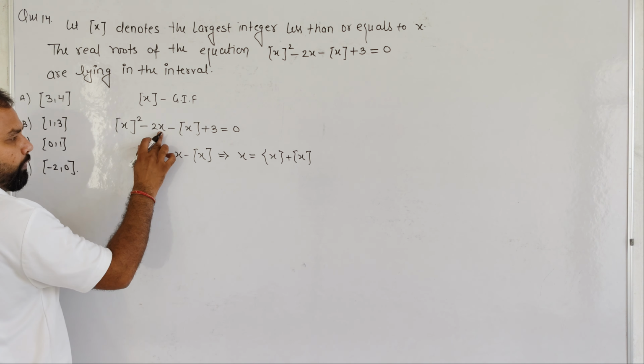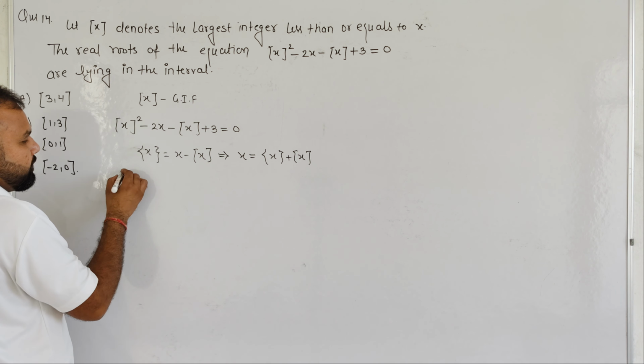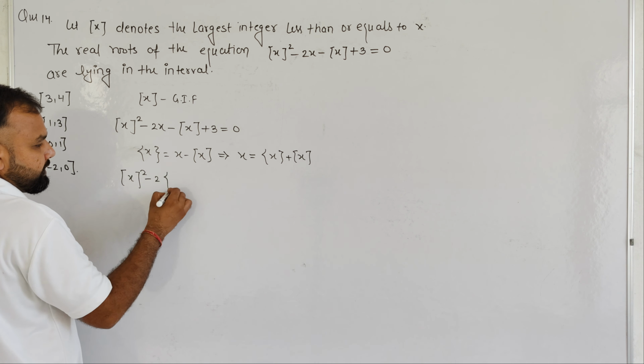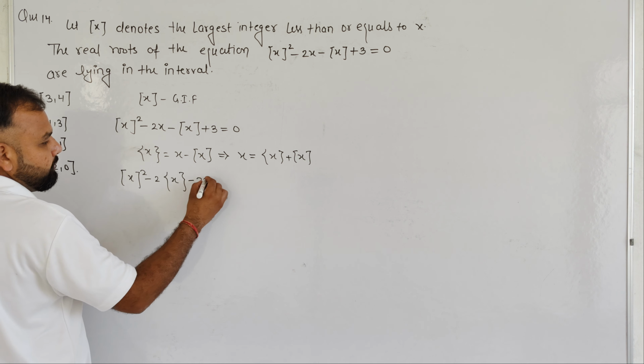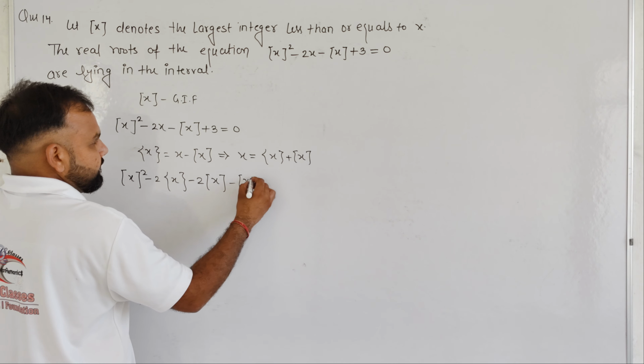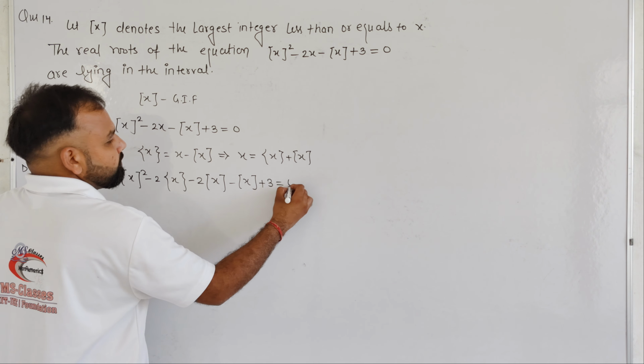If you put the value of x in that equation, it will become [x]^2 - 2{x} - 2[x] - [x] + 3 = 0.